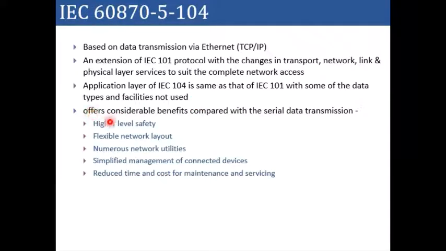So 104 offers considerable benefits compared with serial data communication in terms of a higher level of safety because it utilizes the standard TCP/IP level security for the data communication. It has a flexible network layout because it utilizes a standard TCP/IP framework. It has numerous network utilities because it utilizes the TCP/IP layers.